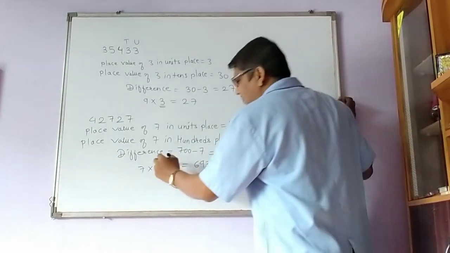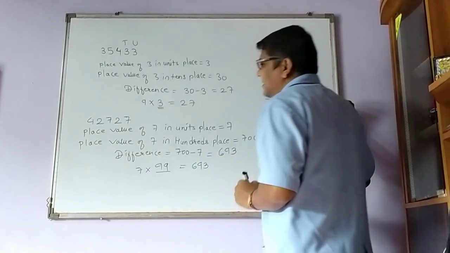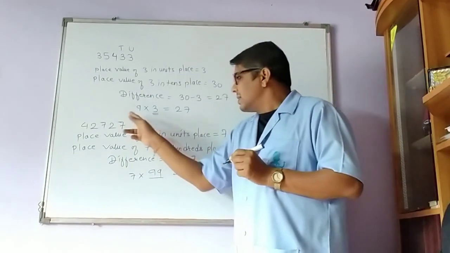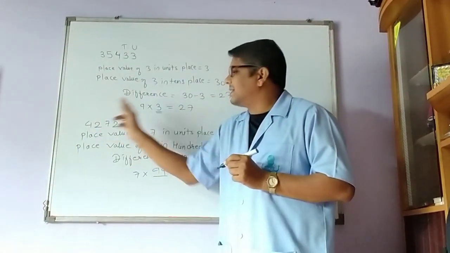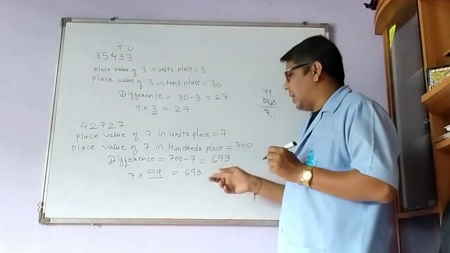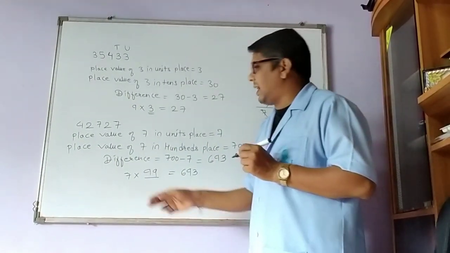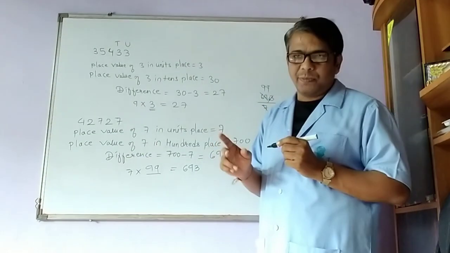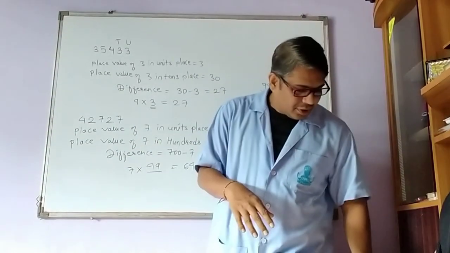So how many times is it? Yes, exactly. It is 99 times. So when the same digit is there in the units place and hundreds place, then the difference between their place values is 99 times the digit which occurs in the units place and the hundreds place. Do you get it?